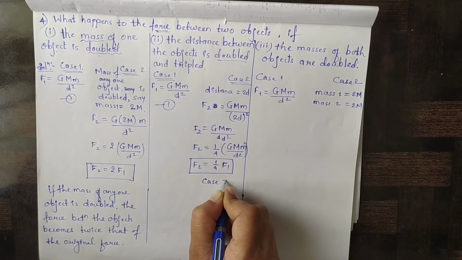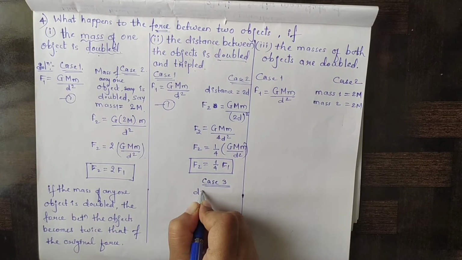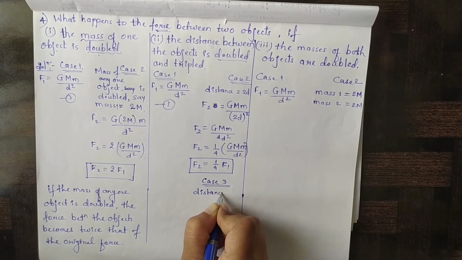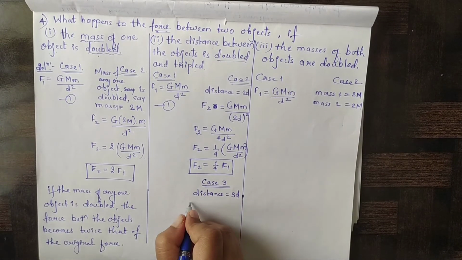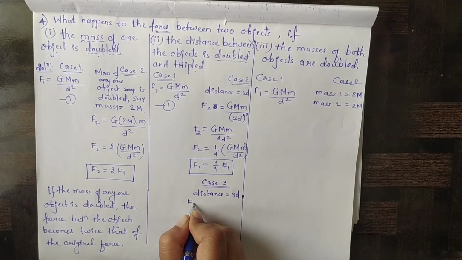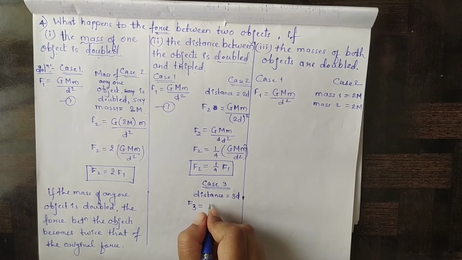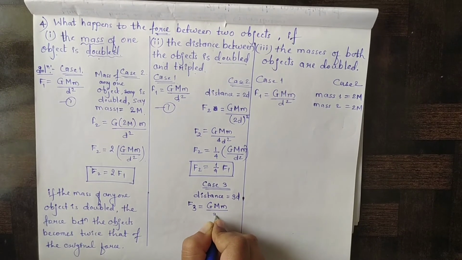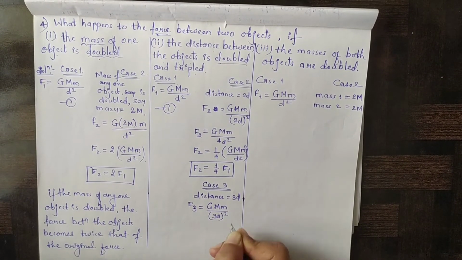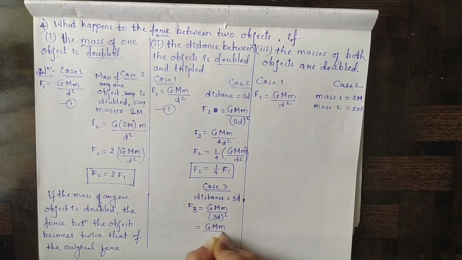In this problem there is another case, which is case 3, that is if the distance is tripled. If the distance is tripled, that means 3 times the original distance. In this case, F3 will be equal to G M m upon 3 times D whole square.